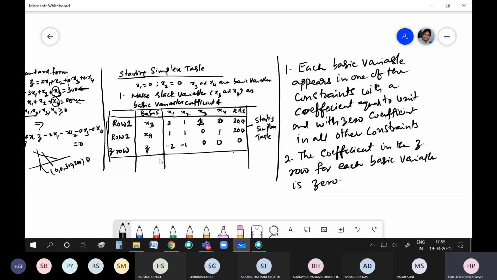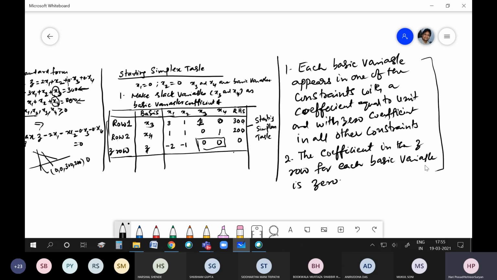So in the Z row, the coefficients corresponding to these basic variables should be 0. These two properties should be satisfied.